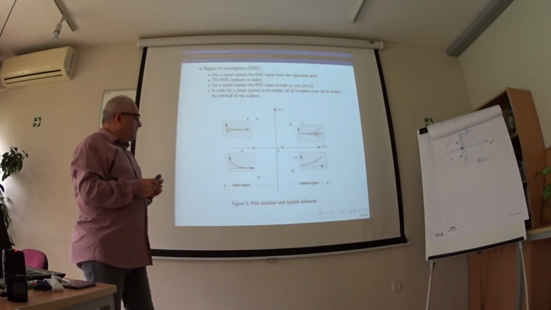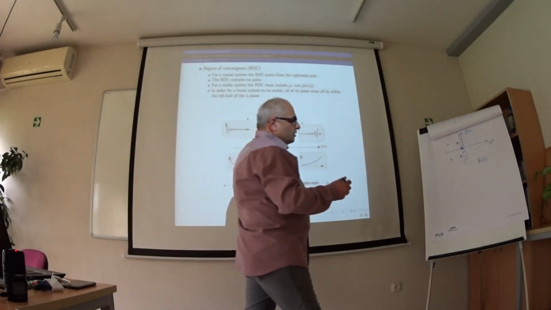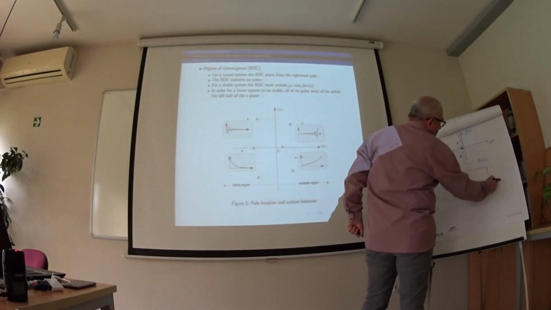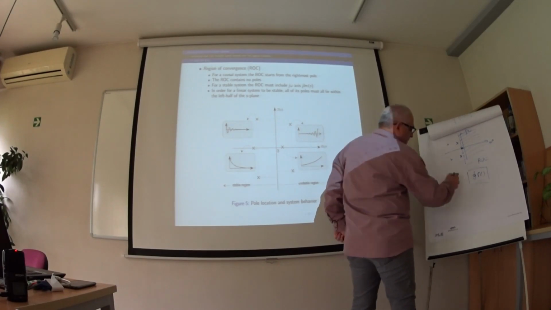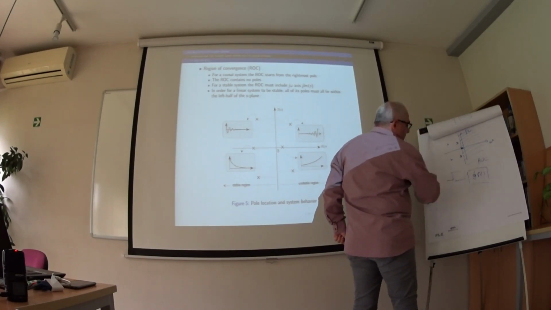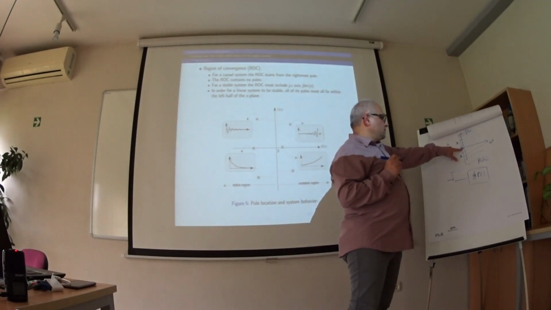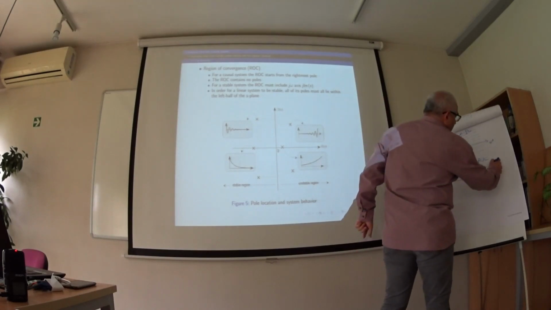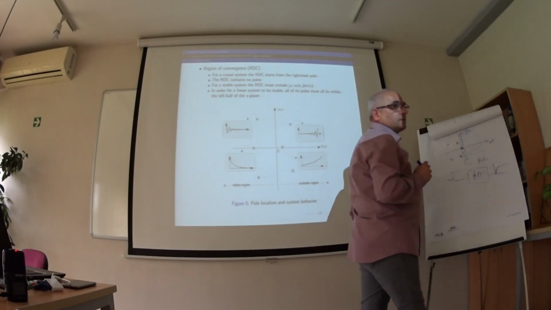So if we have a real pole, for a real pole, this is our system. It has, let's say, step response. If we apply step function, if our system has a real pole, the output will be something like this.